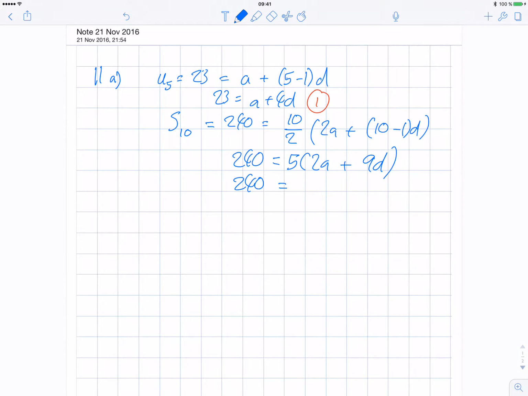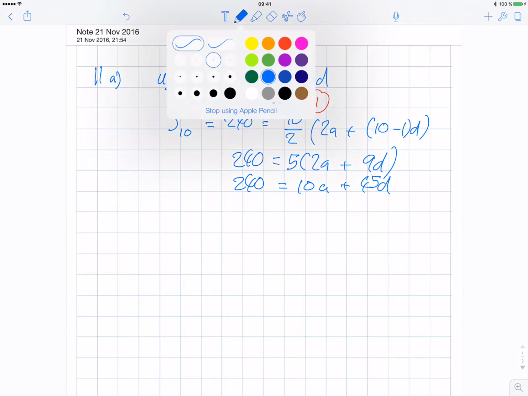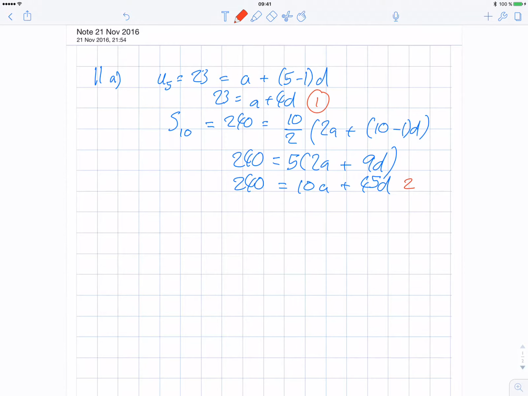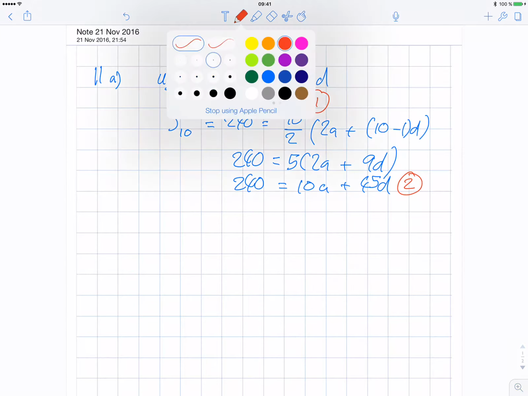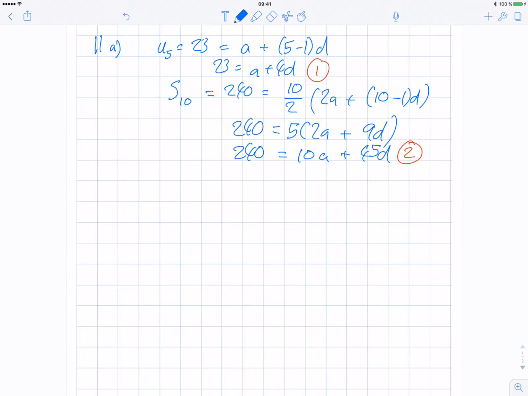Multiply through everything, so 10a plus 45d. I can simplify that a bit further by dividing through by 5, but I think at the moment that's fine, and I can use the calculator to solve those.